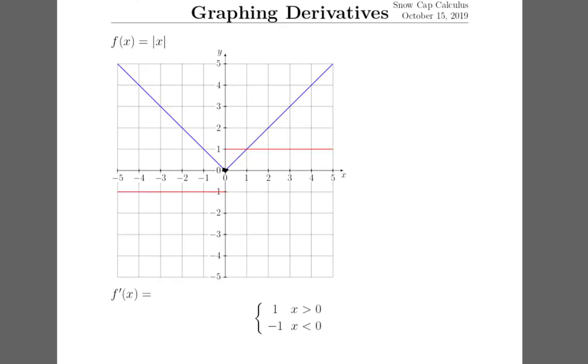It doesn't have a rate of change since it's a corner like that. So if we were to choose a to be negative 1 and b to be 1, we don't have a point on this graph where the derivative is exactly 1.